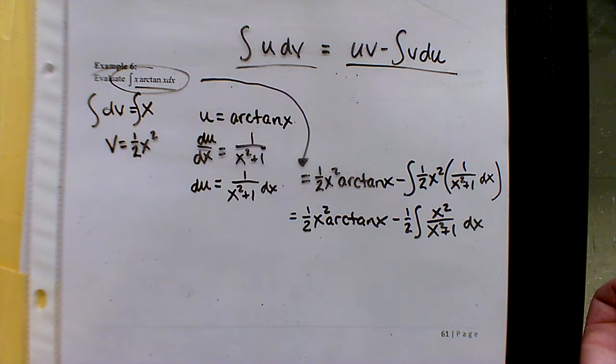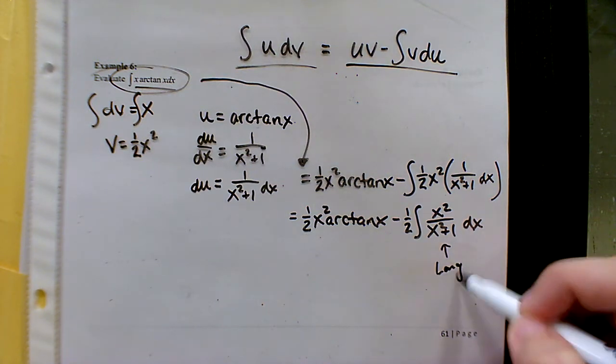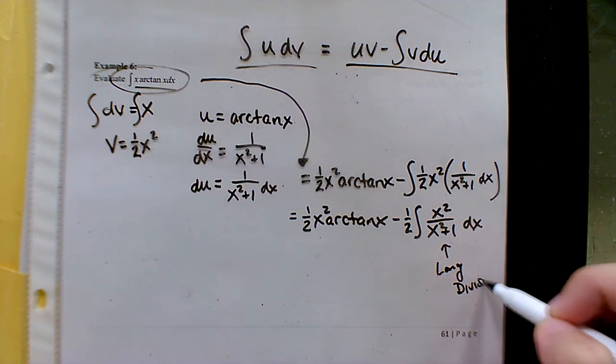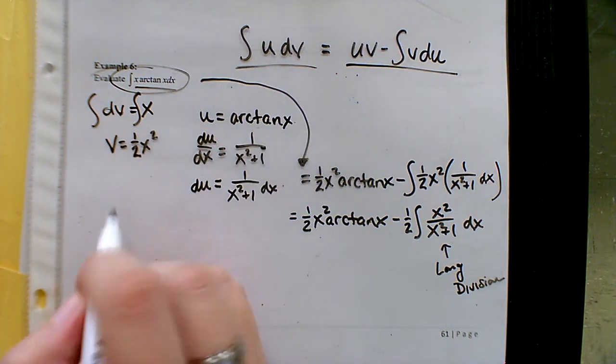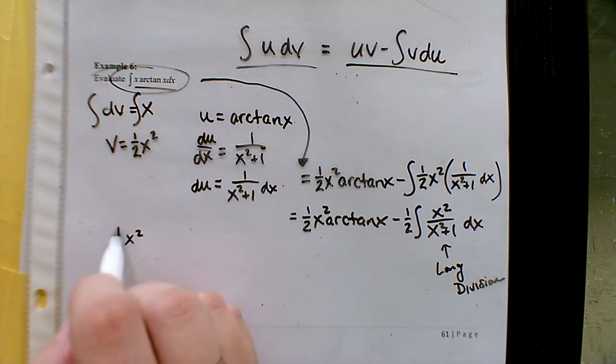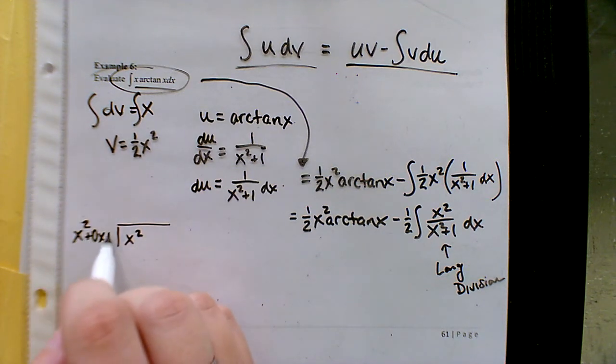Remember we went through long division when we did the partial fractions? Okay, you had to kind of separate it. Let's go ahead and try that here. So we would have x squared divided by x squared plus 0x plus 1.